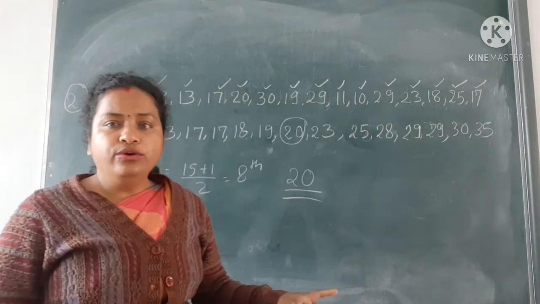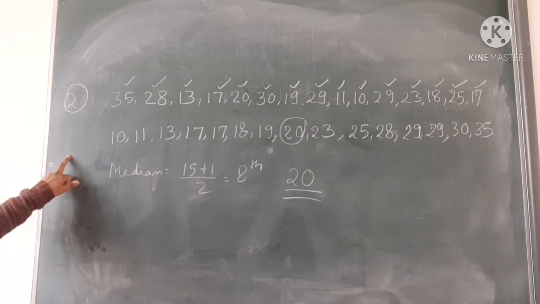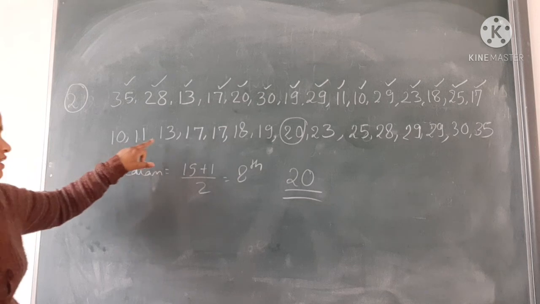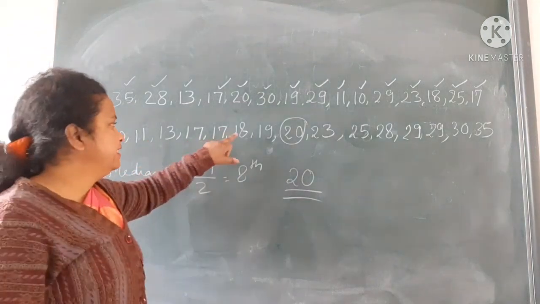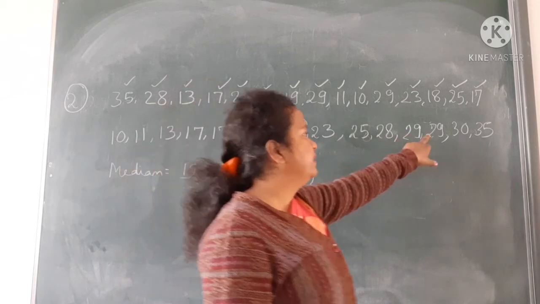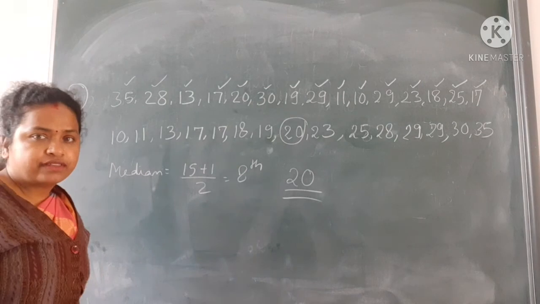First arrange all in ascending order: 10, 11, 13, 17, 17, 18, 19, 20, 23, 25, 28, 29, 29, 30, 35.